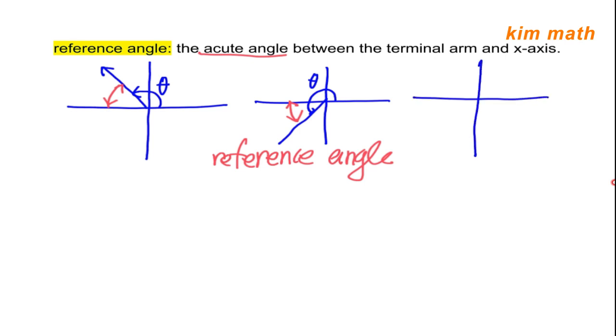If your angle is in the fourth quadrant here, now this is your angle, then what is the reference angle? This is the reference angle. Reference angle is necessary to use a special triangle to find the trigonometric value for the angle in the second quadrant or third quadrant or fourth quadrant.